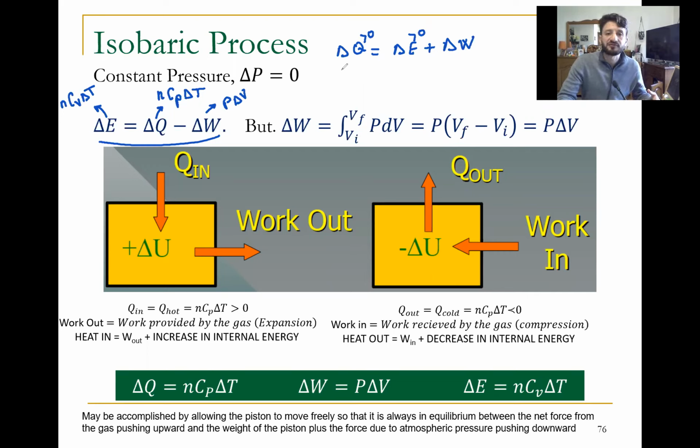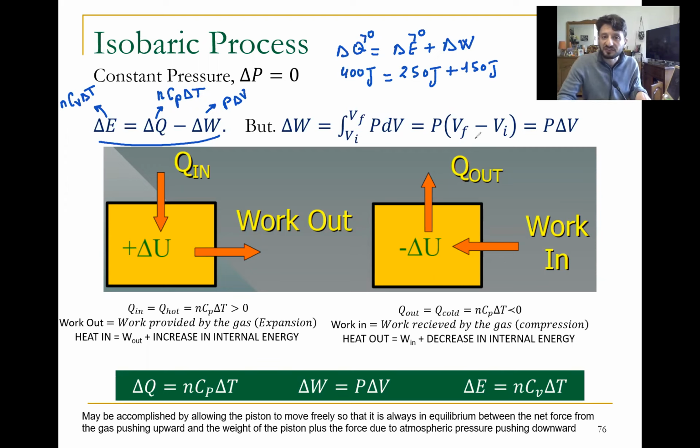If I give, for example, 400 joules of Q, some quantity will be transferred to the internal energy, for example 250 joules of internal energy, and here we have 150 joules of work.